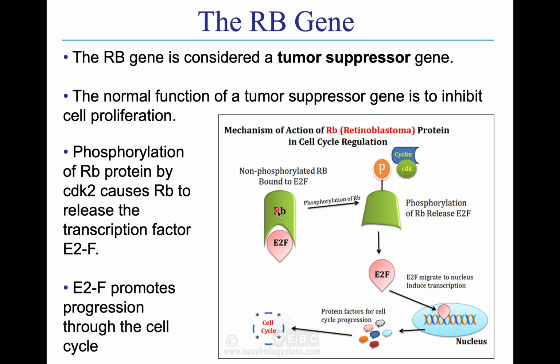But once that second copy is mutated and the protein inactivated, now you don't have any functional retinoblastoma, and this transcription factor is just free to always go into the nucleus, and you're just always going past that cell cycle checkpoint, even if cyclin CDK don't show up to phosphorylate. So you've sidestepped the red light, you've cut the brakes.